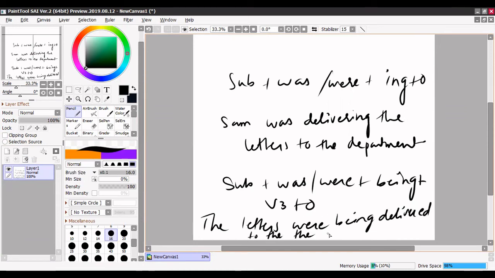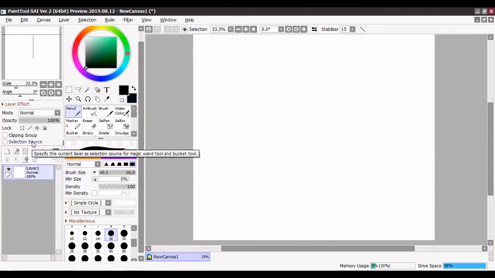Okay, so we move on to past perfect. This is the last past tense that we're going to do. The formula for past perfect is subject plus had plus third form of verb plus object.